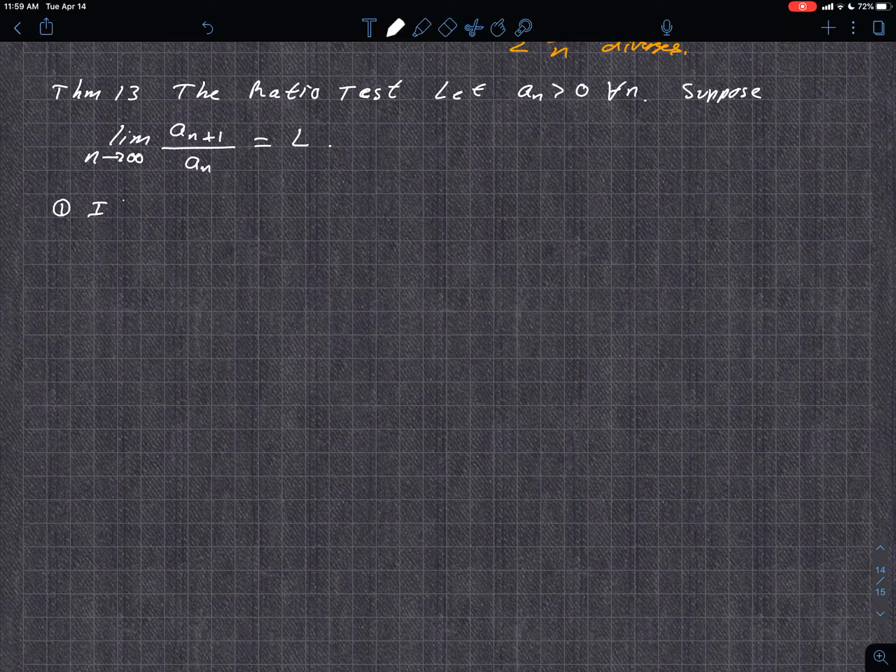Then you have three possibilities. One, if L is less than 1, the series is convergent.